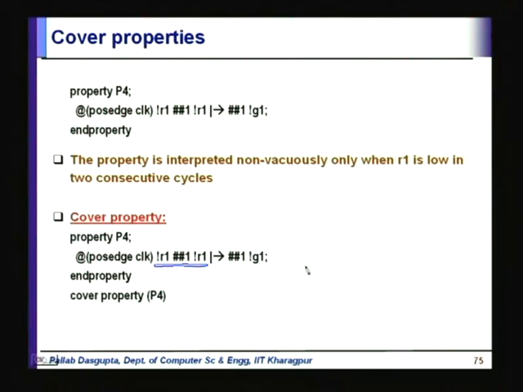non-vacuously, right. But you know that any implication can also be written in terms of logical operations, like A implies B can be written as not A or B, right. So, if you rewrite the properties without using the implication operator, then it is not going to check for vacuity at all, right.